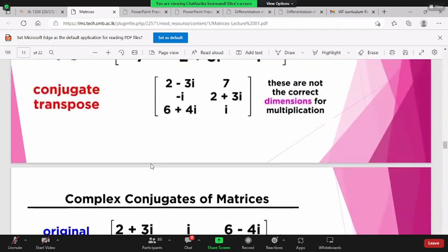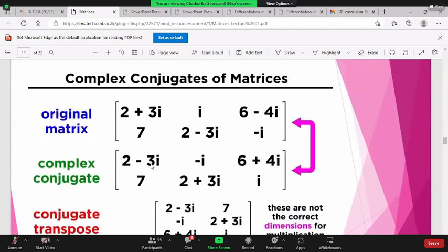All right. So the next thing is, if we consider the dimensions, what is the dimension here? 2 by 3.